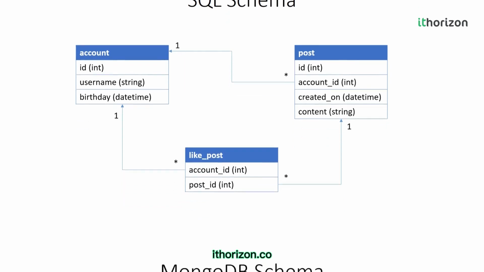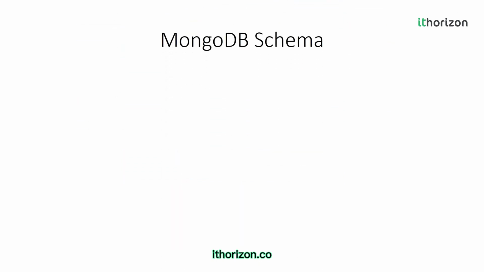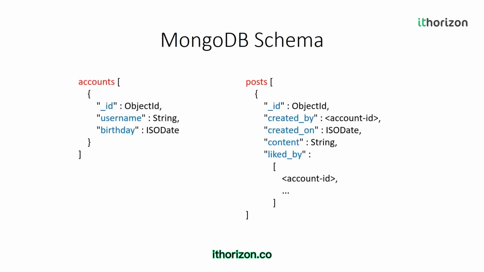The data in our MongoDB database is stored in two collections, one for the accounts and one for the posts. The information which account likes which post is stored by references in the post. This is a one-way reference, so in the account it is not stored which posts he likes. There are no indices except for the ID fields.